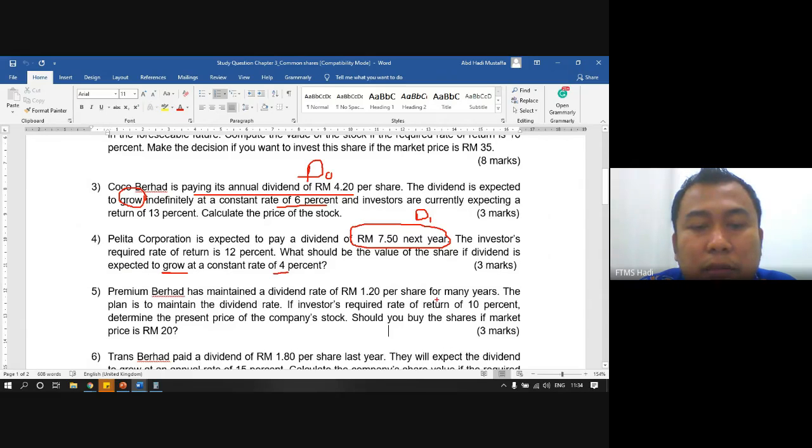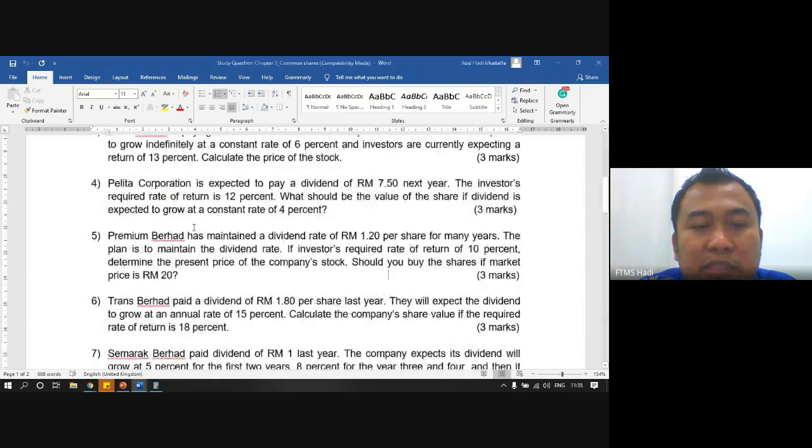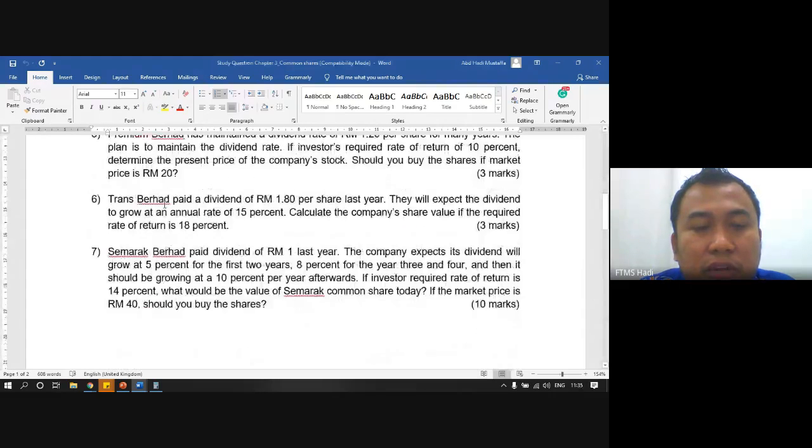So D1. And then the last one, question number 6, which is using the second model as well. Paid a dividend of 1.80 ringgit last year, which is D0, because of the words last year. And then the growth rate is only one, which is 15%. So if it is D0, you should use the D0 formula.